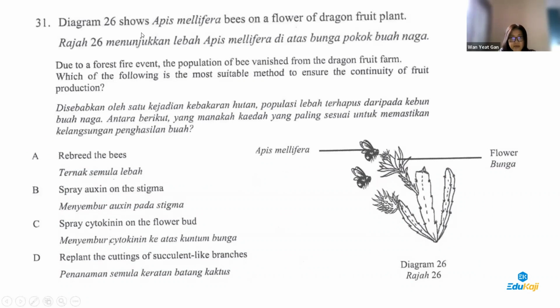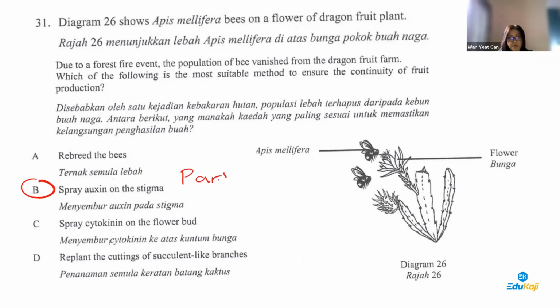Diagram shows Apis mellifera on a flower of a dragon fruit plant. Due to a forest fire event, the population of bees vanished from the dragon fruit farm. Which of the following is the most suitable method to ensure the continuity of the food production? Now, because the bees have reduced in number, to increase the food production, the farmer can spray auxin on the stigma.